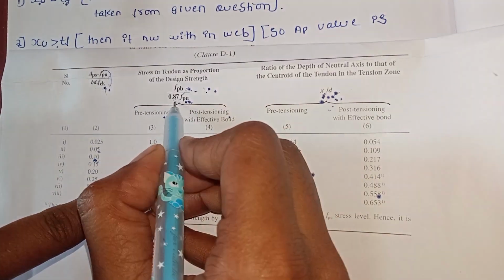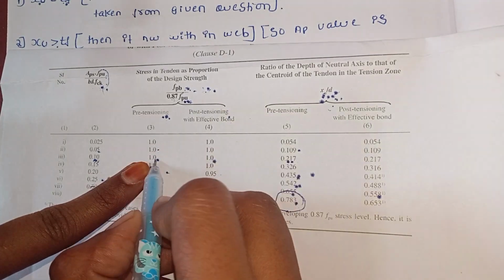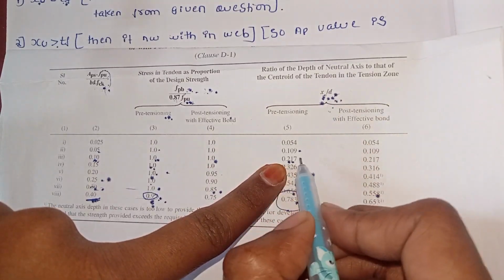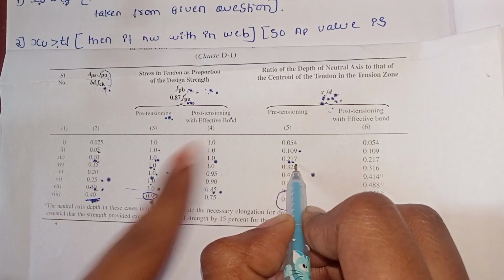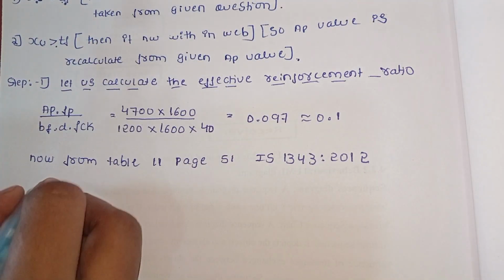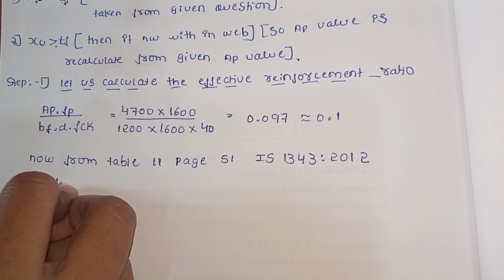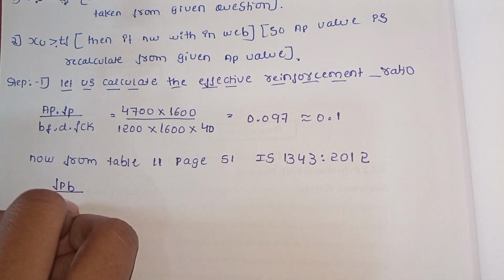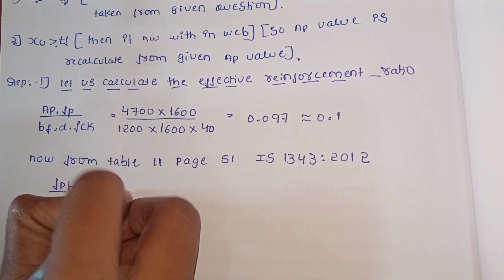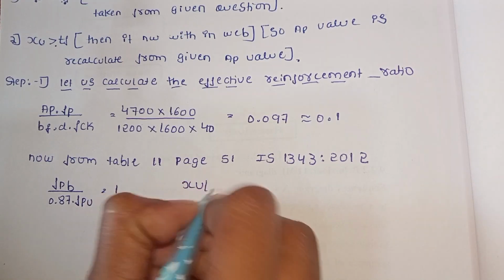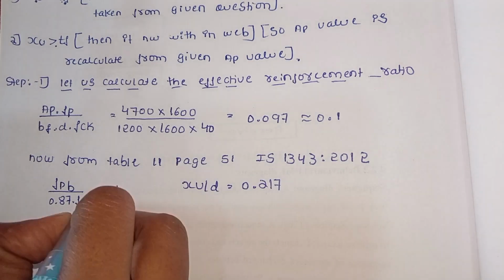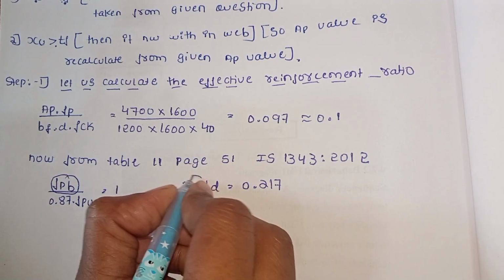So FPB divided by 0.87 into FPU equal to 1, and similarly XU by D equal to 0.217. Okay, now write it as it is: FPB divided by 0.87 into FPU equal to 1 and XU by D equal to 0.217.